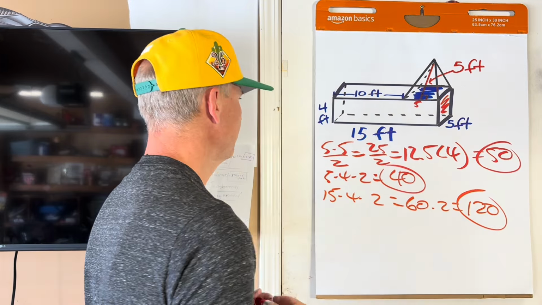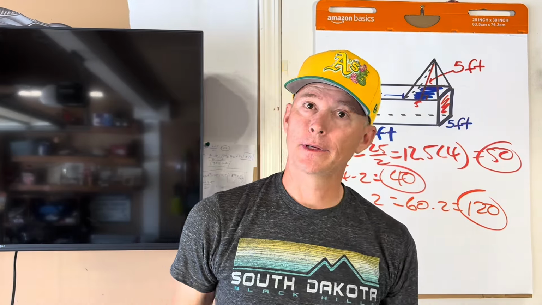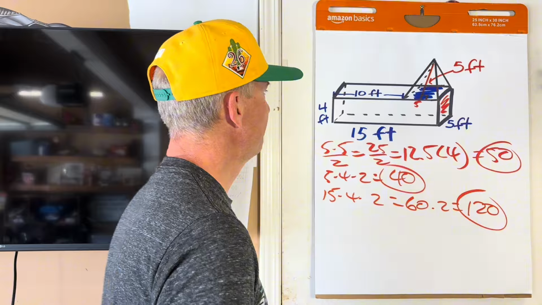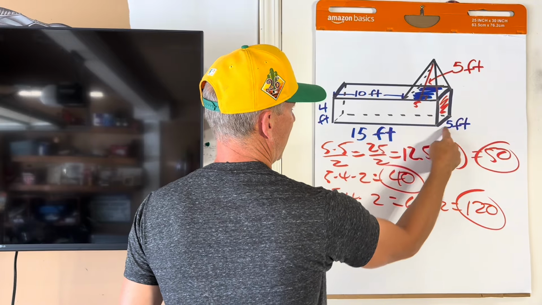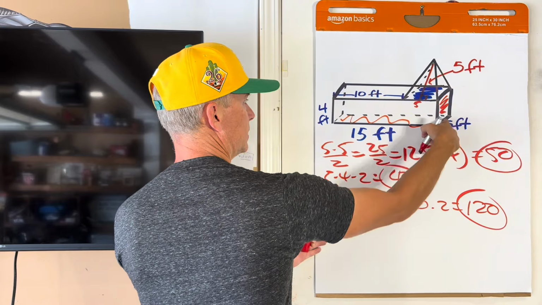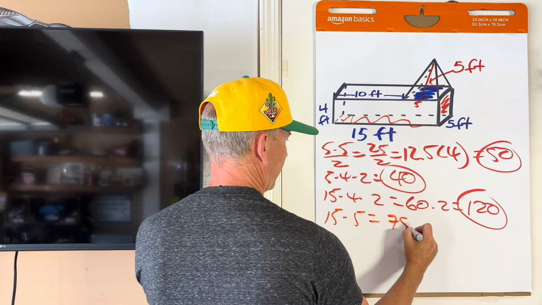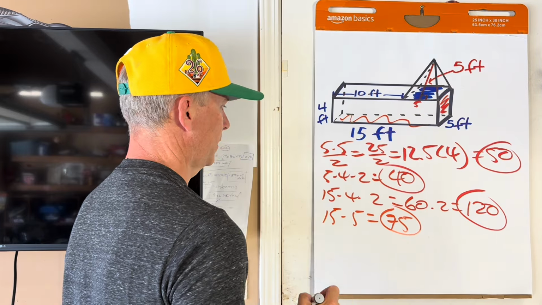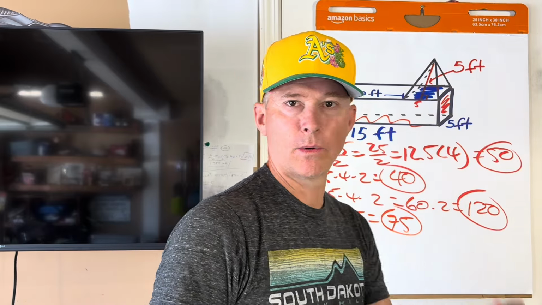Okay, 120. Now we have to do the bottom and the top separately because we already talked about this little part. The bottom is 15 times 5, because that's this little guy. 15 times 5 is 75. That's the bottom. That's why I like to circle all these, because that way at the end we just know what we're going to add up.